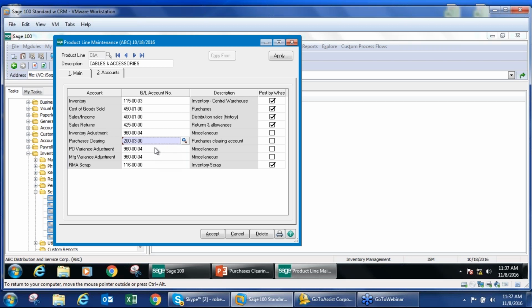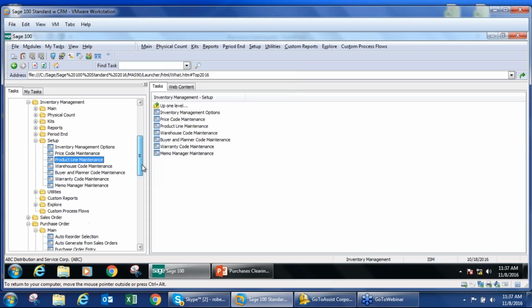So if we find that we're trying to reconcile our purchases clearing account to the GL and things are not where they should be, we're first going to look at all of your product lines and see what account this is hitting. And that's going to give us a clue as to what our purchases clearing report is going to be balancing to.